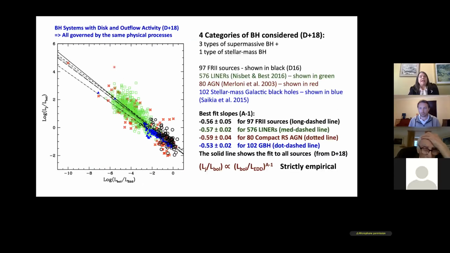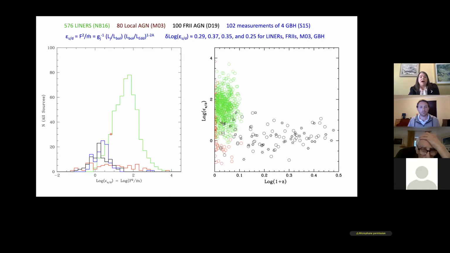So if we go back to our original figure of Lj over L bol versus the radiant luminosity of the disk in Eddington units, this cut is coming in at around 10 here, I would say, where you have a lot of sources that are radiatively efficient, which have small values of Lj over L bol, and then these other sources that have large values of Lj over L bol.